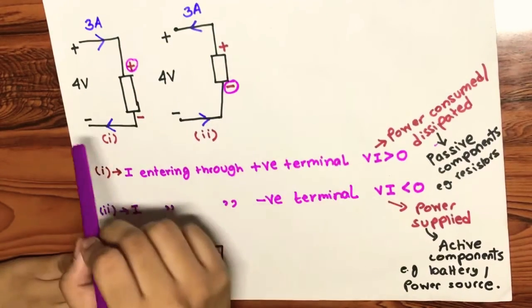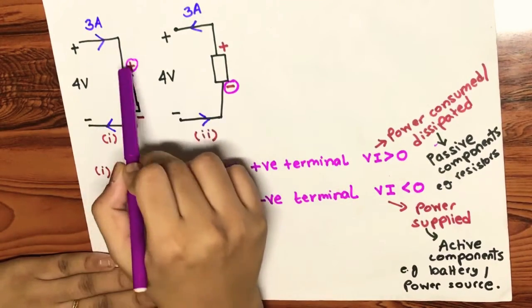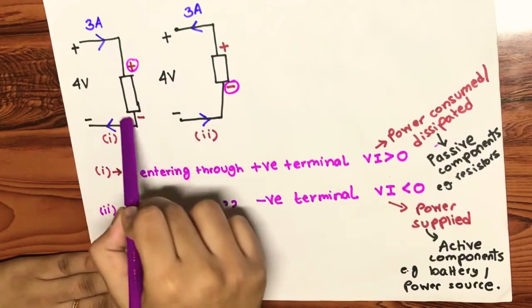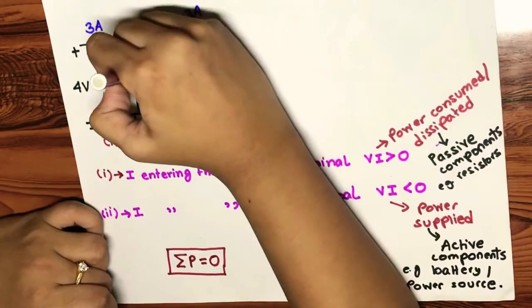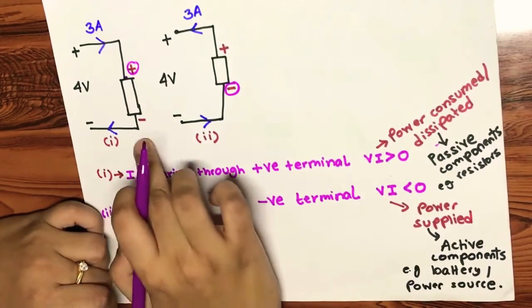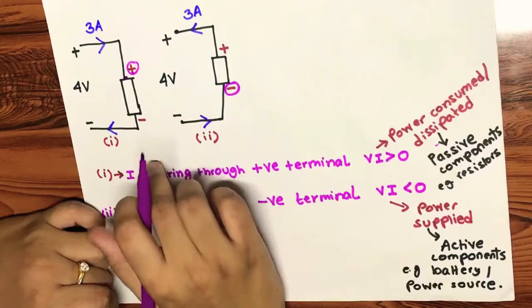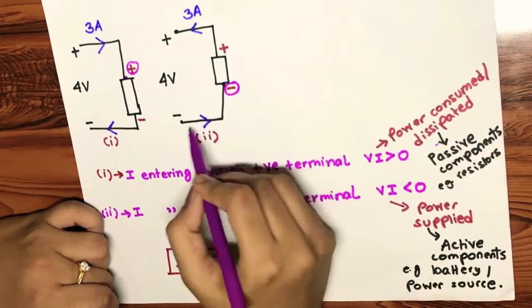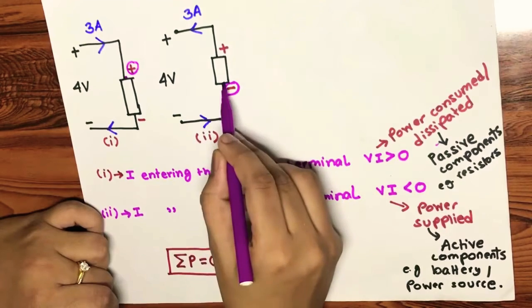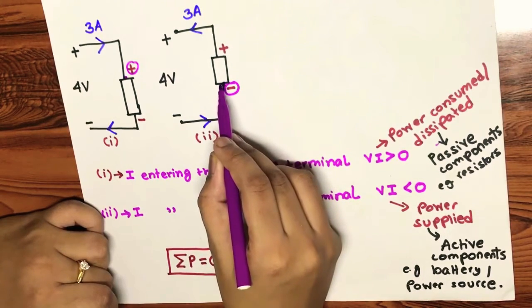When the current is entering the positive terminal of the component, then the power is positive. Whereas when the current is entering through the negative terminal of the component, as in case 2, it is negative power.